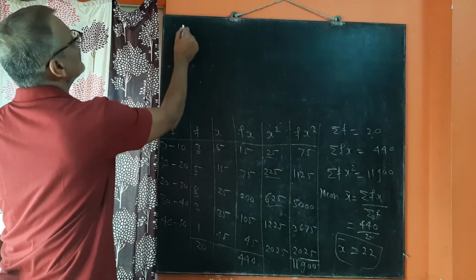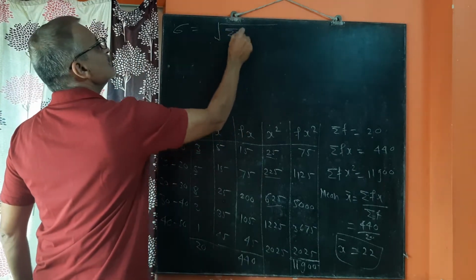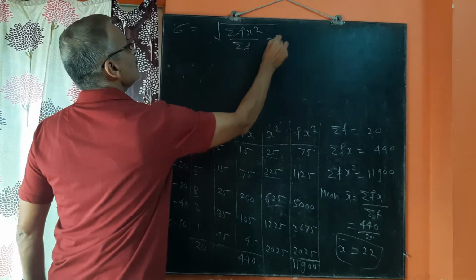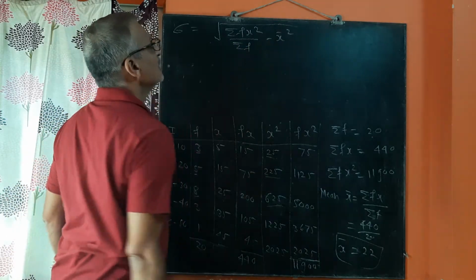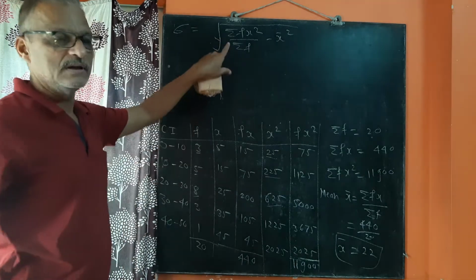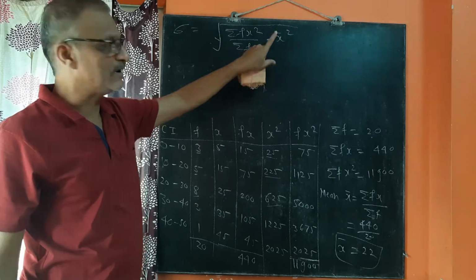Now sigma equals square root of summation of f x square upon summation of f minus x bar square. The formula for standard deviation is square root of summation of f x square divided by summation of f minus x bar square.